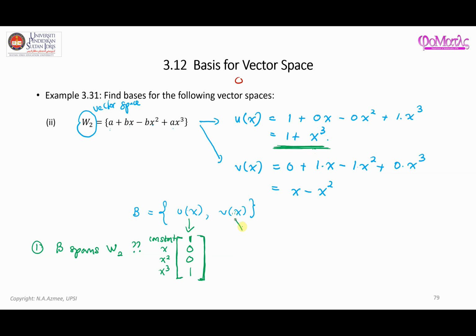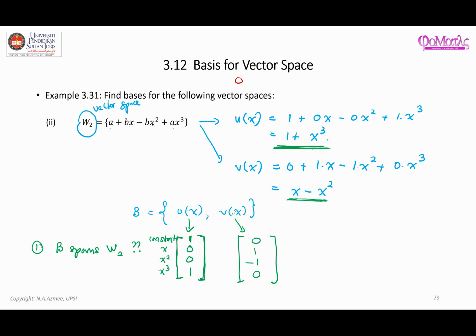Okay, so the same thing can be said for vx. Well, we don't have constant here, so constant is 0, x is 1, x squared is -1, and x cubed, there's no x cubed, so 0.